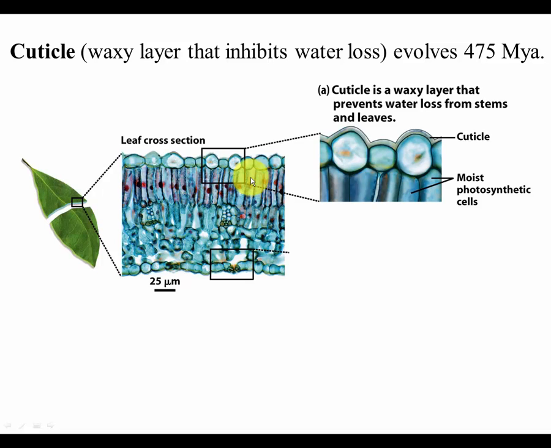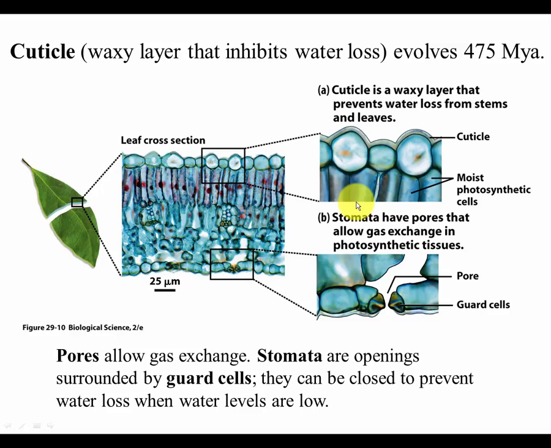If you look at the cross-section of a leaf and you magnify that microscopic view, you can see the waxy layer on the outside of the leaf here, guarding the cells underneath that, of course, have to stay very wet. They have to contain a high water content in order to stay alive.